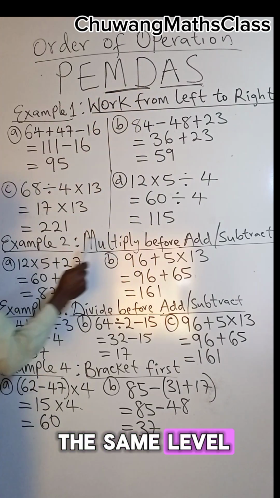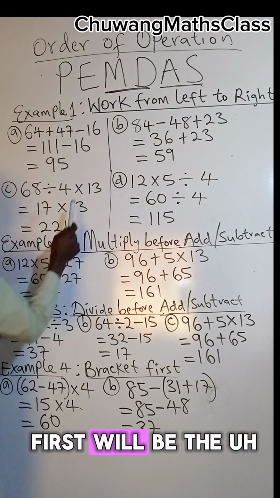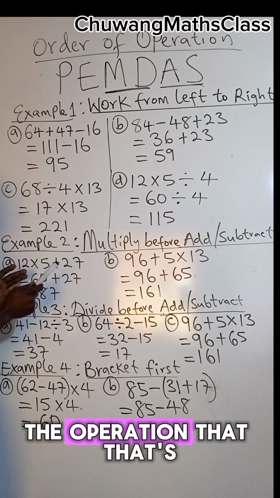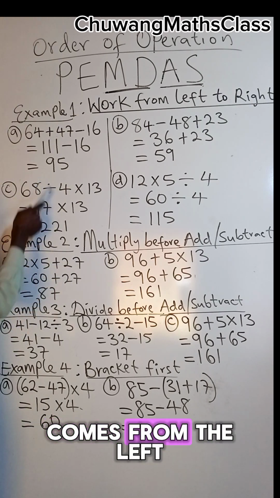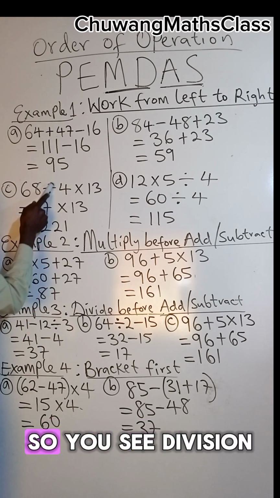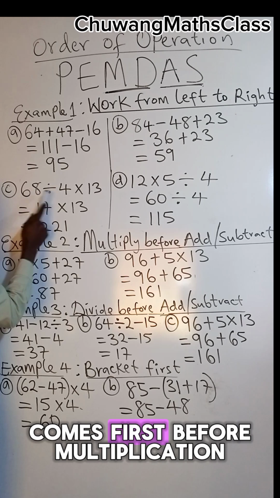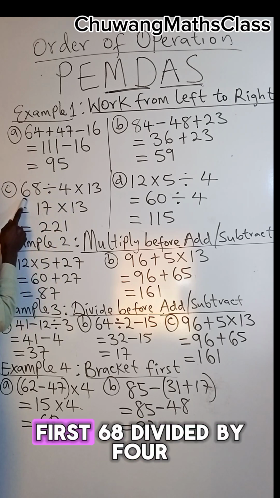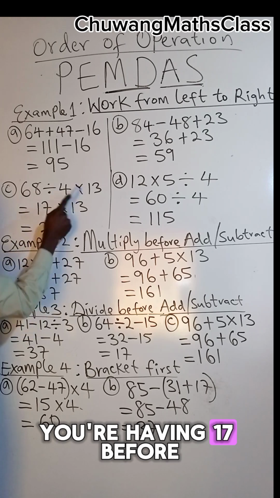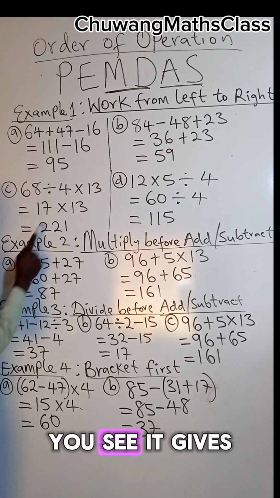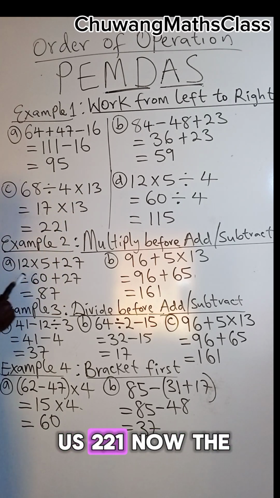They are also on the same level, so the one you are going to do first will be the operation that comes from the left. So division comes first before multiplication. 68 divided by 4, you are having 17. Before you multiply, it gives us 221.